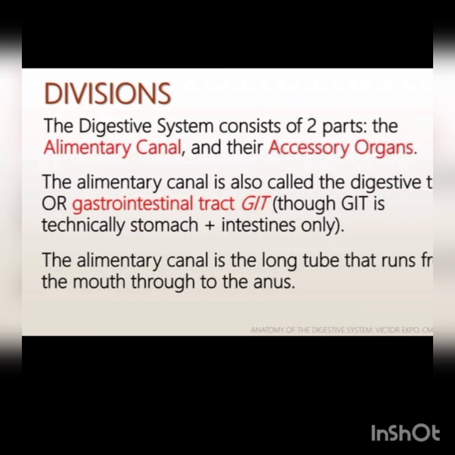But the accessory organs are, for example, liver, pancreas and gallbladder, and teeth, tongue, which help in the digestive process. So there are mainly two parts: the alimentary canal and accessory organs.